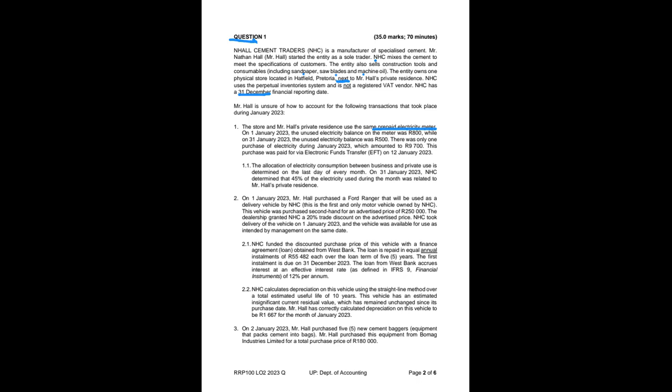So let's have a look at what we need to do. It says on the 1st of January 2023, there was an unused balance of 800 Rand. Now let's think about that. If it was an unused balance at the beginning of the month, what then would we have recorded this electricity balance at in the previous month?